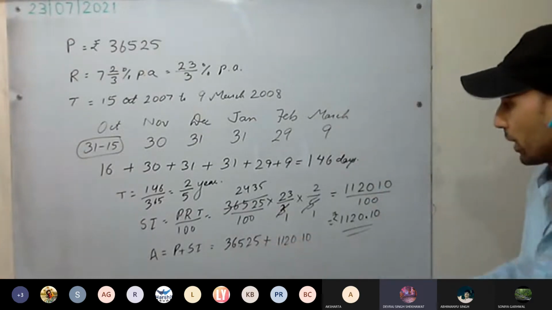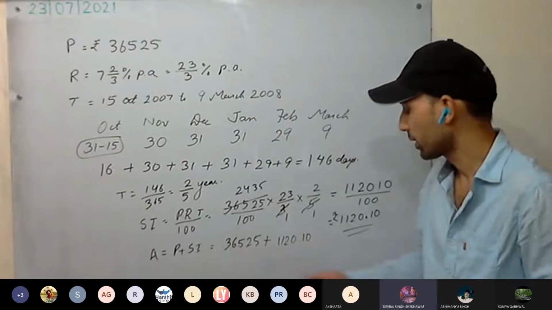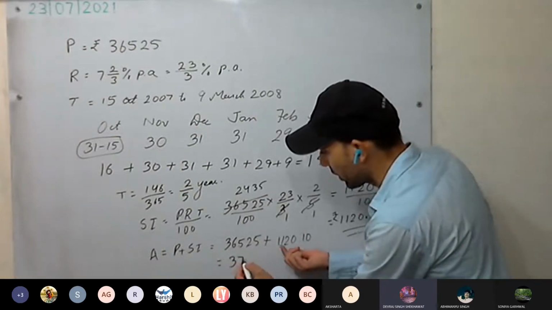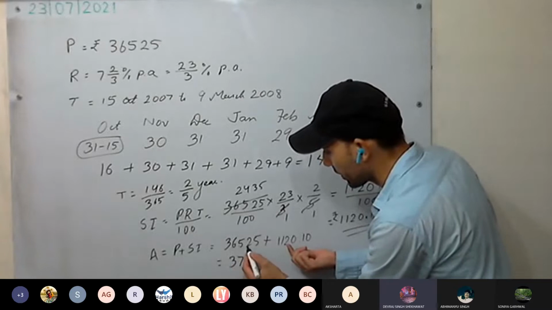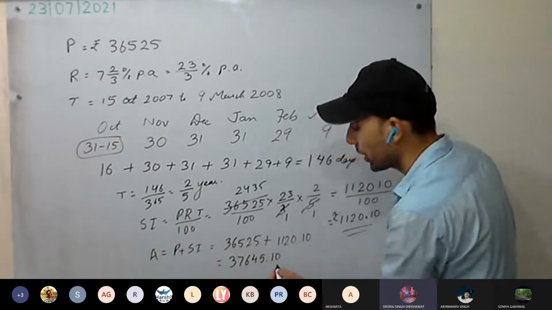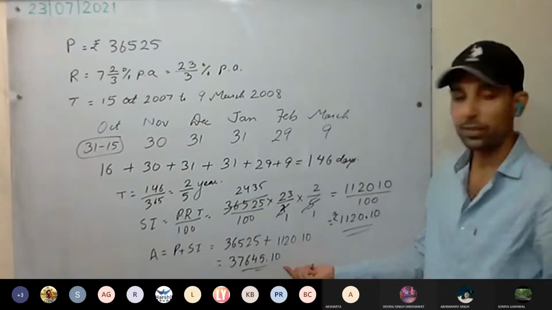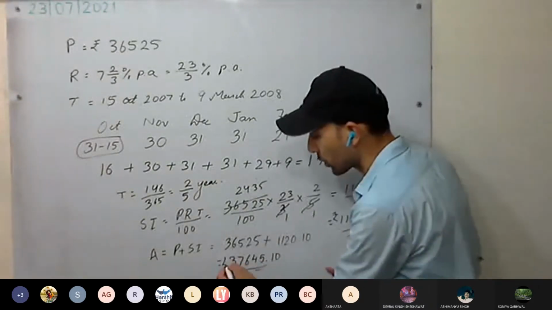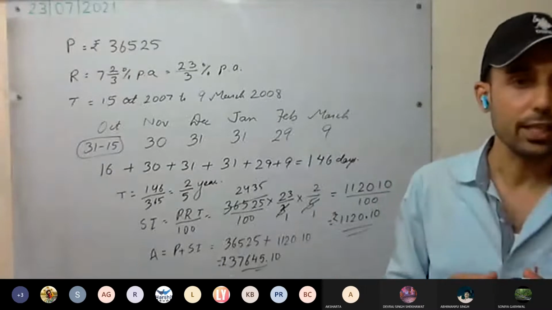Add them. So 37,645.10. After the decimal, 10 paise. This much rupees. Is this question clear to all?